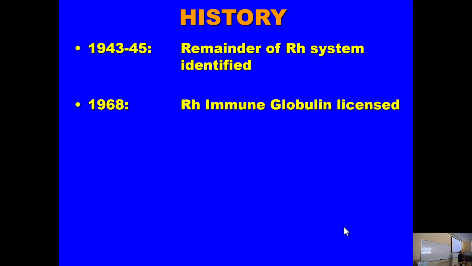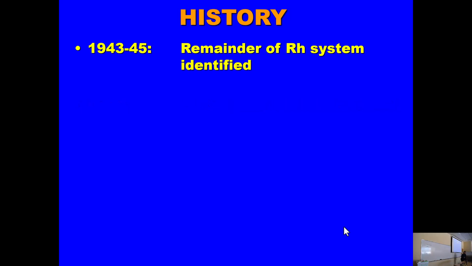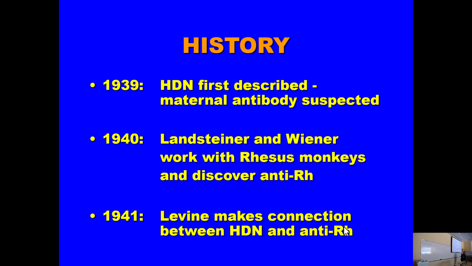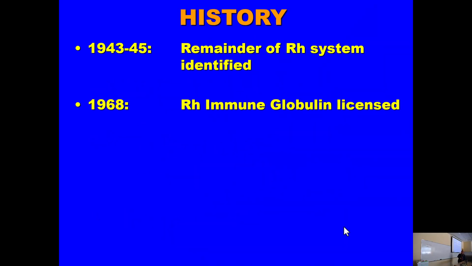1968, Rh immunoglobulin license. What that meant was, if we go back, 1939 was when we first figured out. It took until 1968 to actually find something that worked and licensed it.